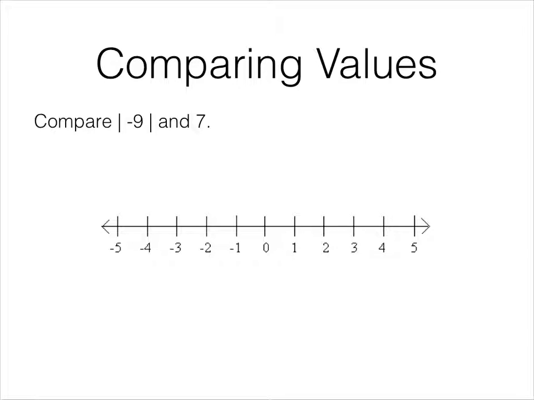Alright, compare the absolute value of -9 and 7. So the absolute value of -9, if I continue and kind of draw my number line out, here's -6, -7, -8, -9. I'm going to kind of scrunch that in. Here's -9 all the way in the end. So the absolute value, if I started at 0, would be 1, 2, 3, 4, 5, 6, 7, 8, 9.